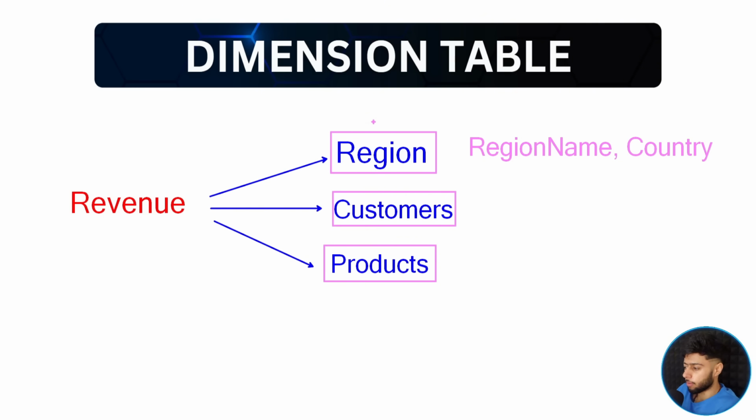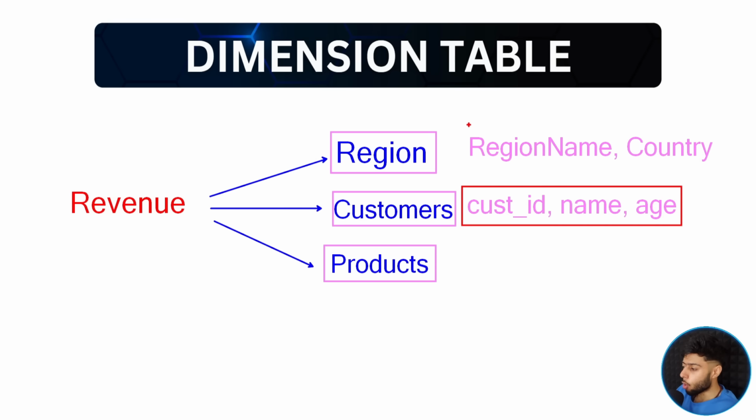Just focus on the theme. Theme is region. Similarly, in the customers table, you can have customer ID, name, age, blah, blah, blah. But the theme is customers. That means all these columns are adding the same context.